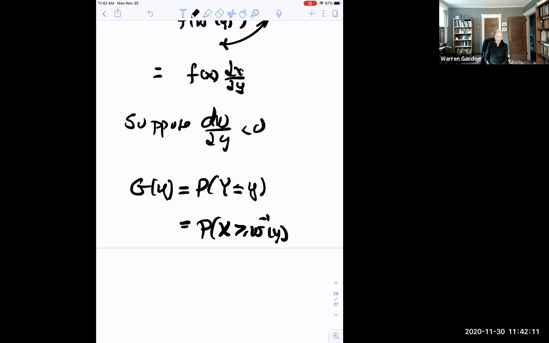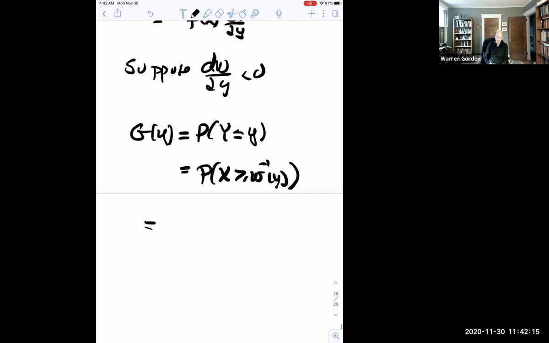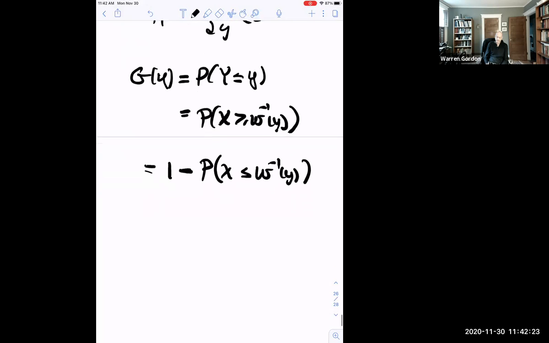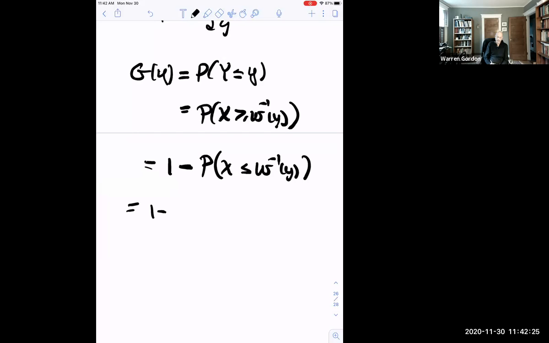We did that in example number 2. That illustrated that. But this is equal to 1 minus p of x less than or equal to w inverse of y, or 1 minus f of w inverse of y.